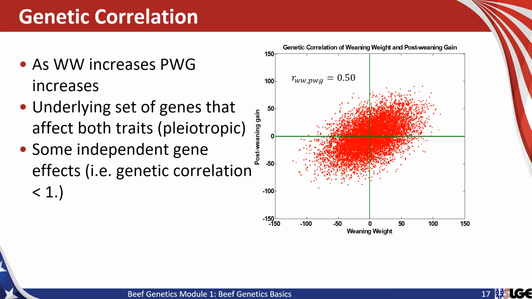So as weaning weight increases, so does post-weaning gain on average. This is caused by an underlying set of genes that affect both traits. Again, the pleiotropic relationship. It's important to note here, since the genetic correlation is not one, that there are some individual genes that affect either weaning weight or post-weaning gain independently.